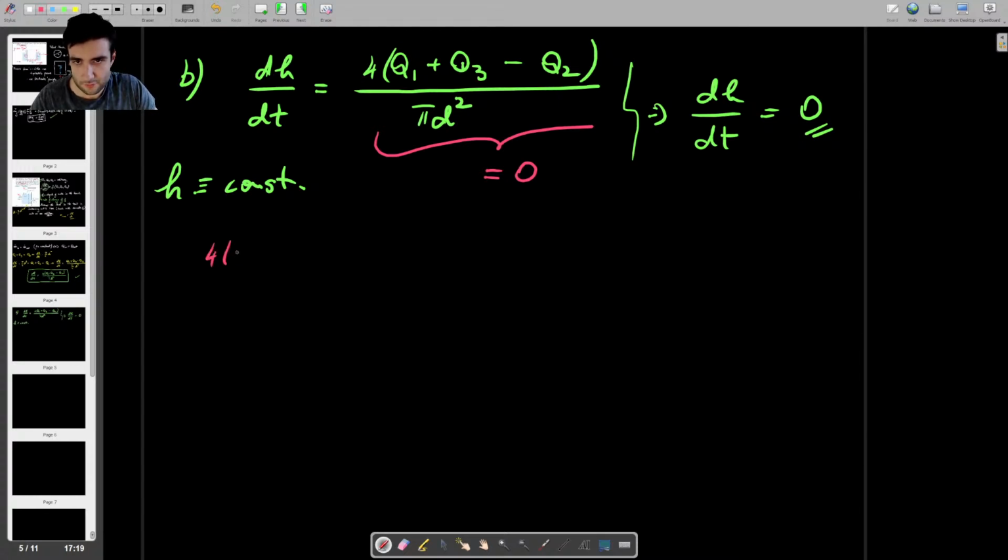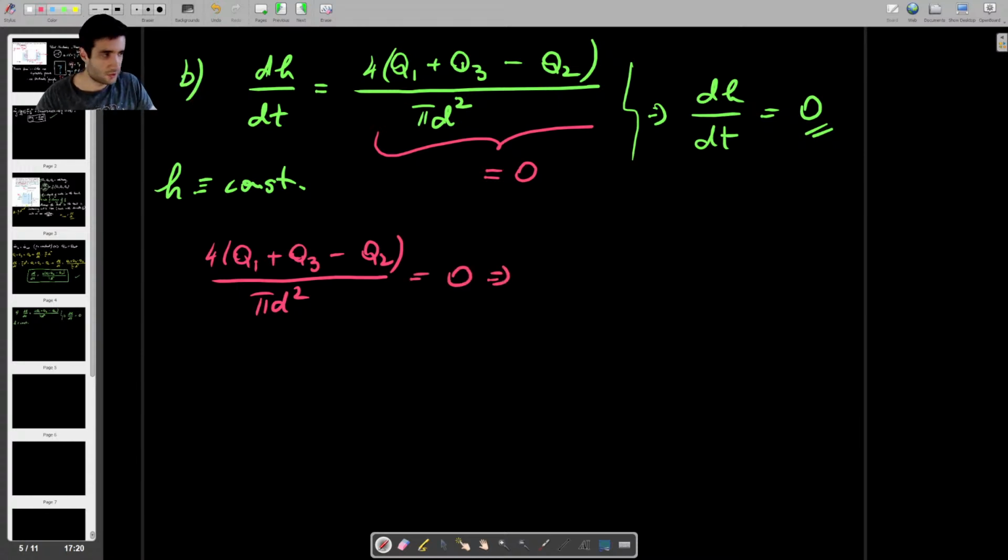So we've got 4 times (Q1 plus Q3 minus Q2) over pi d squared equal to 0. If this fraction is equal to 0, it means the numerator is equal to 0. So Q1 plus Q3 minus Q2 is equal to 0.